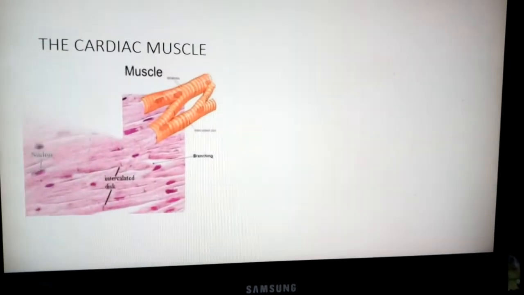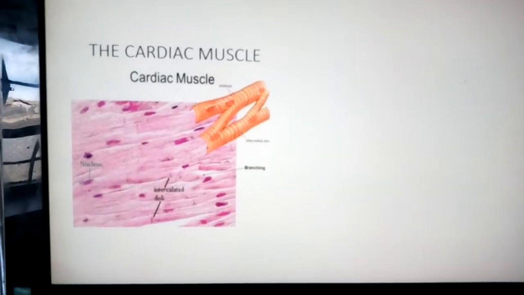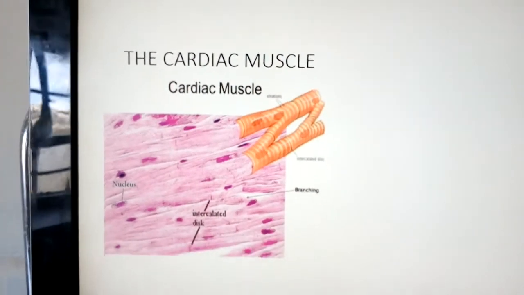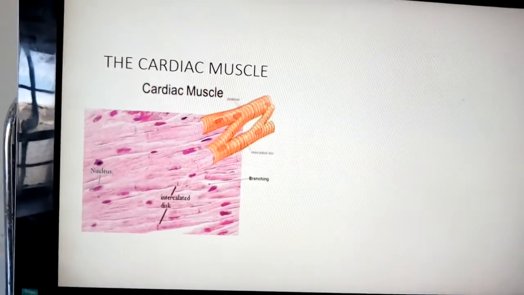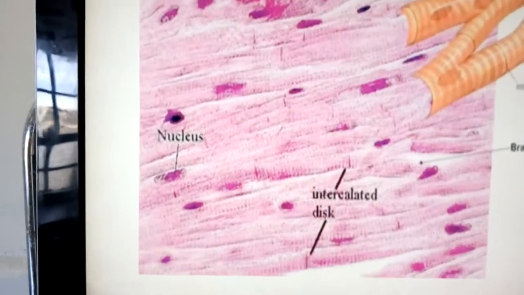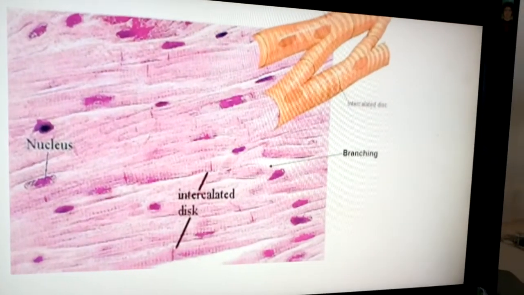The other type of muscle is referred to as the cardiac muscle. The cardiac muscle appears to be wire netted. When you look at it, you may think that it is a wire mesh.